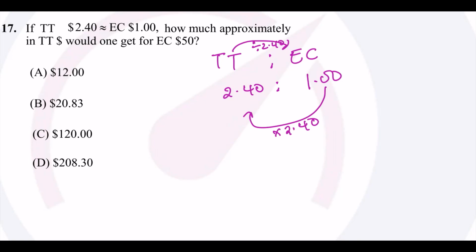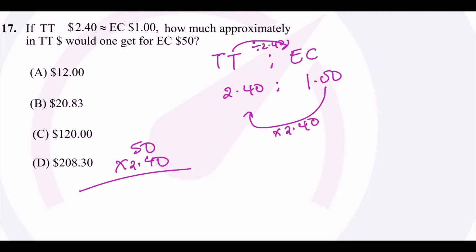And to go from EC to TT, we multiply by 240. So the question said now, how much approximately in TT would 50 EC be? So 50 EC times, so we're going from EC to TT, sorry, so that's going to multiply 50 times 2.40.